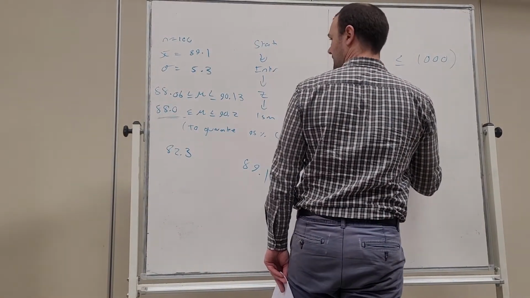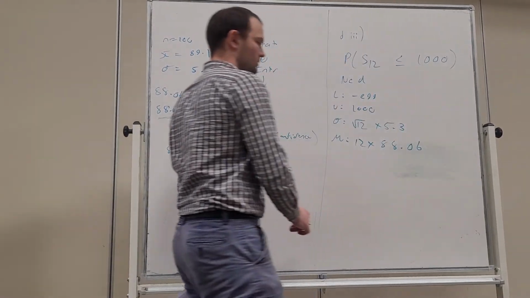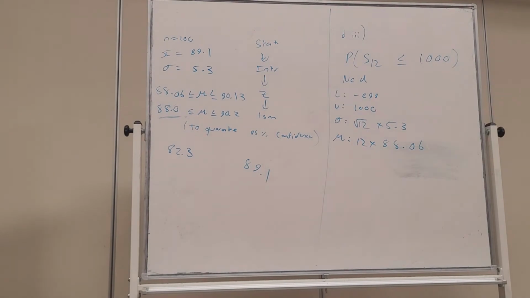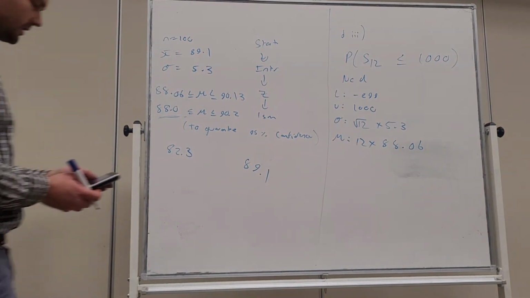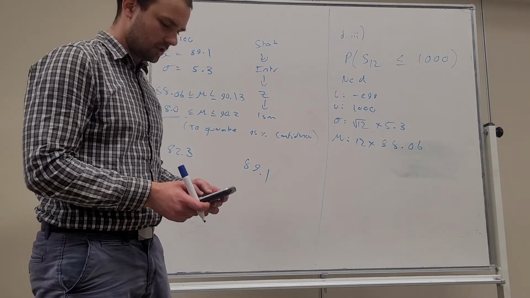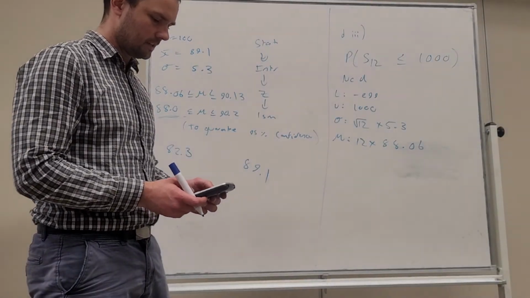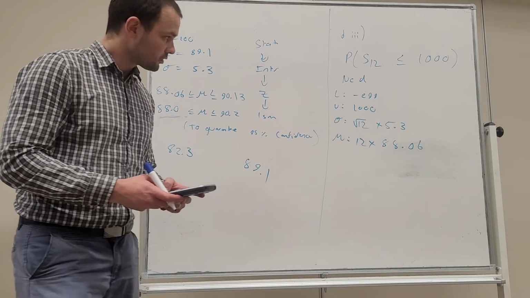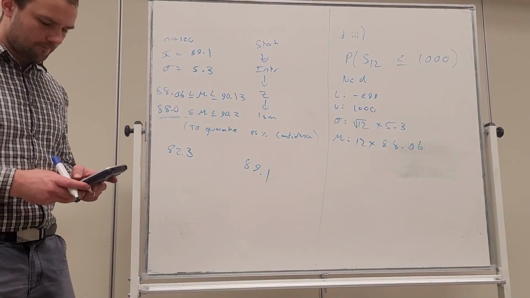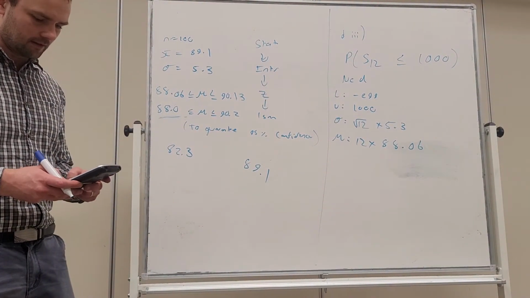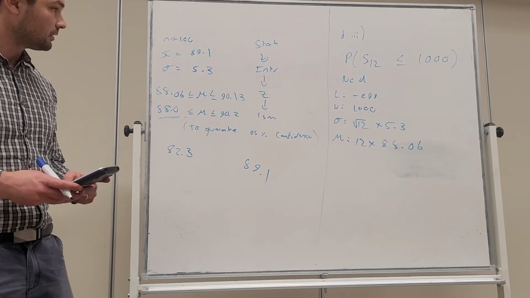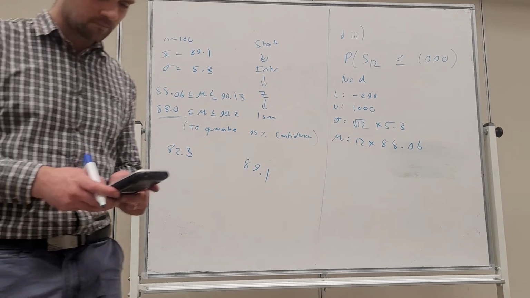12 times 88 point, I'm going to go with 4 significant figures just to increase our accuracy. So now we're doing that calculation again. Distribution normal, NCD. I've written it all out: 5.3 times square root 12, write it out like that. Can you just put that in when you're explaining the NCD?